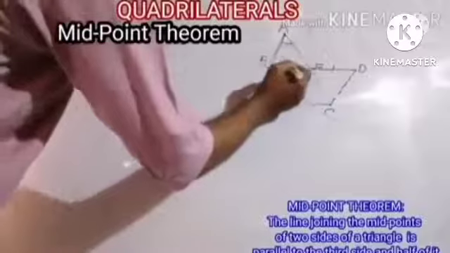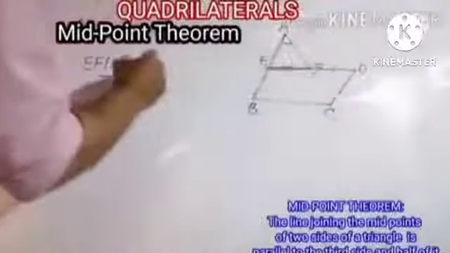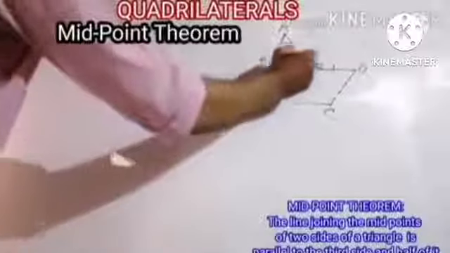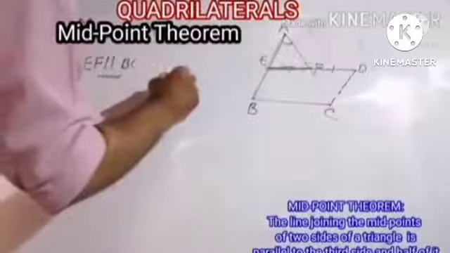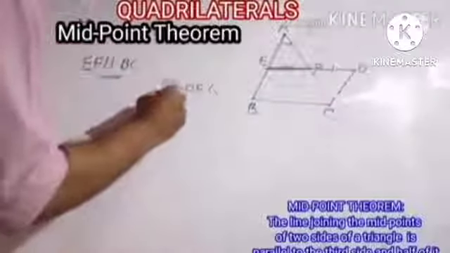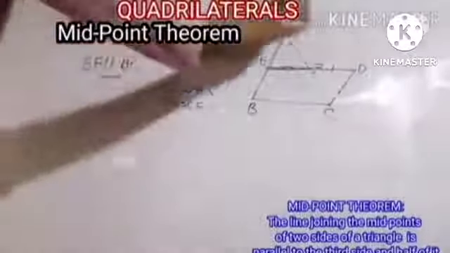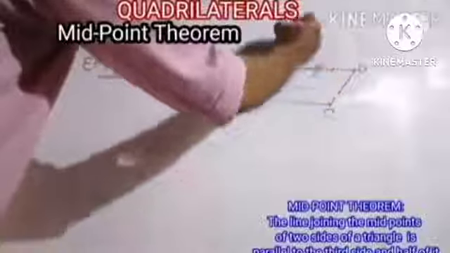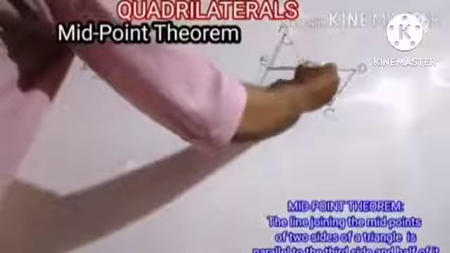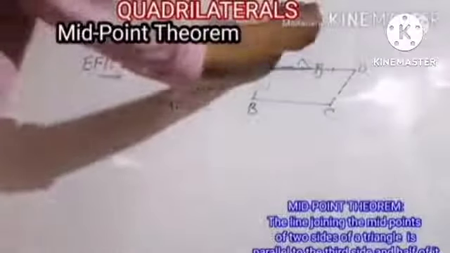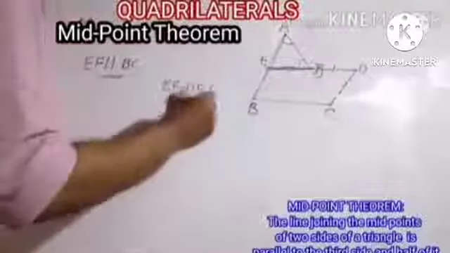We produced EF to D such that EF equals DF. Second one, AF equal to CF. Why? Because F is the midpoint of AC, that is given. Now one more: these two angles are equal. Angle AFE equal to angle CFD.